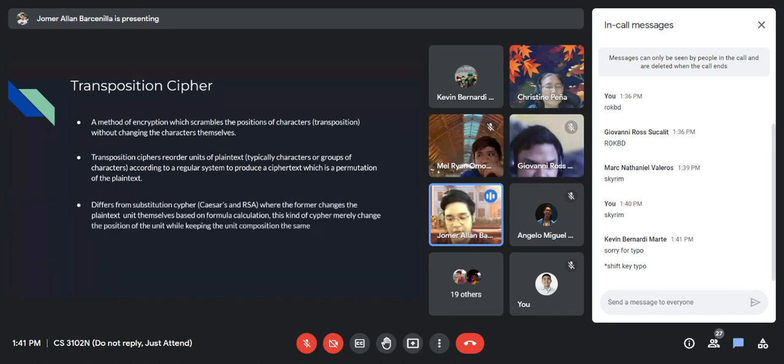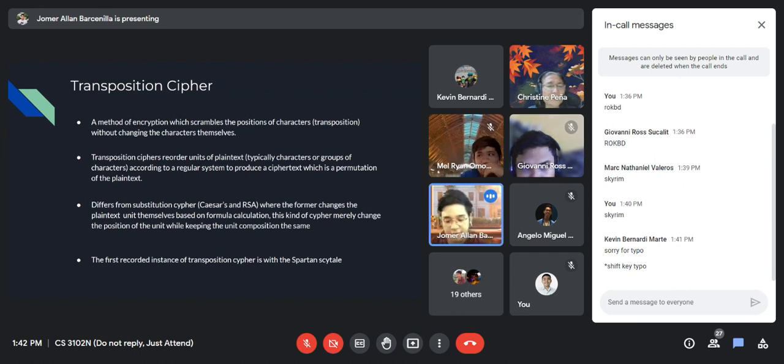This is different from Caesar or RSA, which change the characters to another character. This cipher just changes the location of the characters to a different location. So it just jumbles the word.